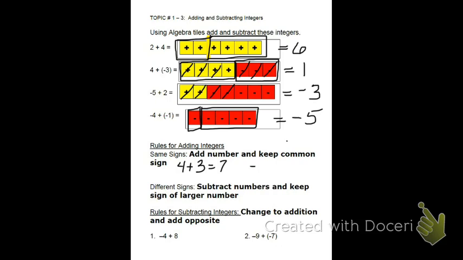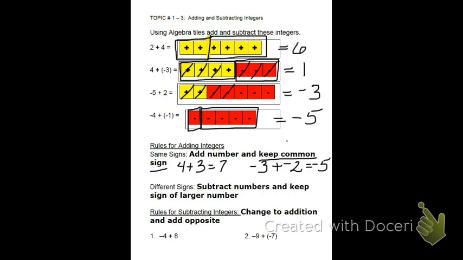If you have two of the same signs which are negative, like a negative 3 plus a negative 2, then you're going to keep the common sign and just add. So this one ended up being 7, and this would be a negative 5. Because you're adding two negatives, you keep the sign and continue it with a negative.